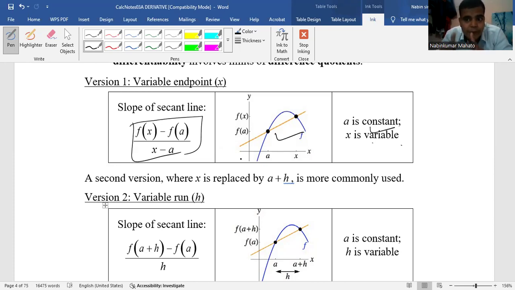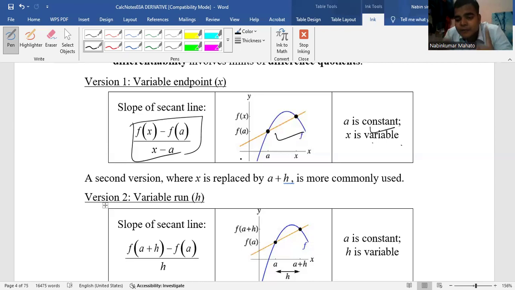Here you have to know that a is the starting point, and x is the final or ending point of the secant. Look here, a second version where x is replaced by a plus h. Replacing x by a plus h is more commonly used.